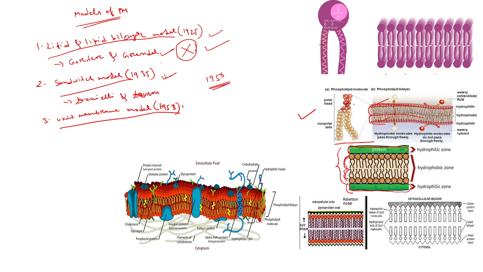So it is the first model which was discovered after the discovery of the electron microscope. That is called the unit membrane model, and it was discovered by Robertson.